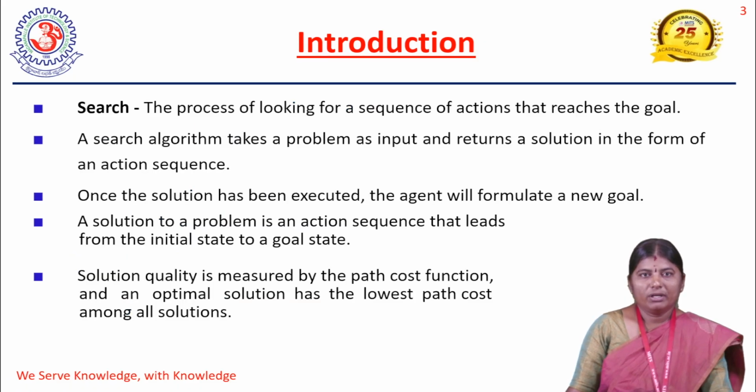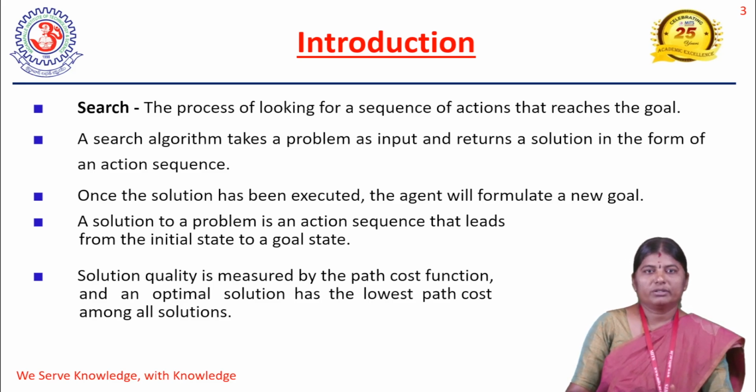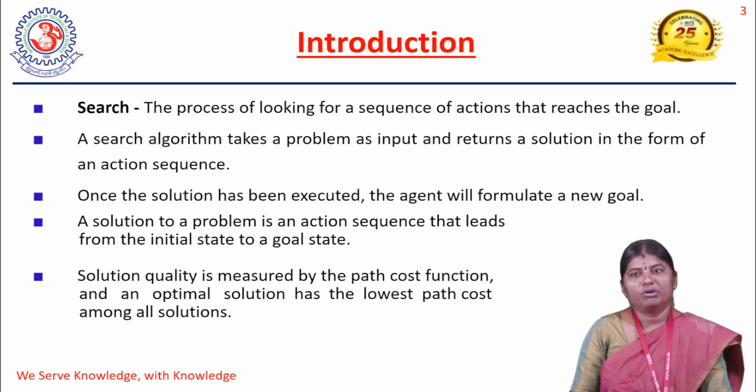As we all know about searching, searching is the process of navigating from start state to goal state by traversing a sequence of actions. Ultimately, it reaches the goal. A search algorithm takes a problem as input and returns a solution in the form of an action sequence.